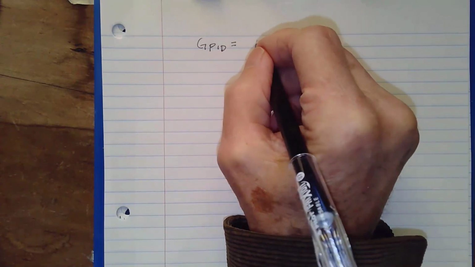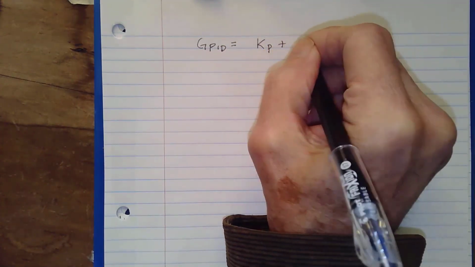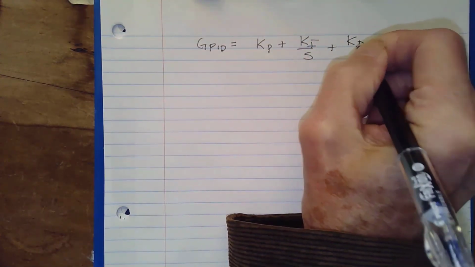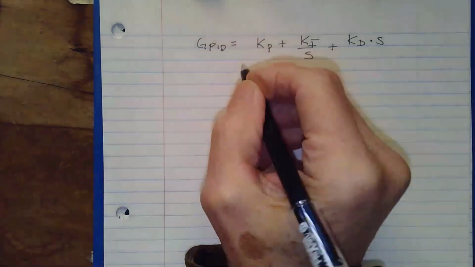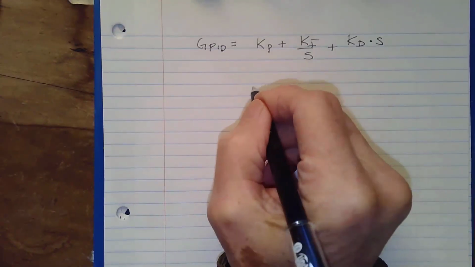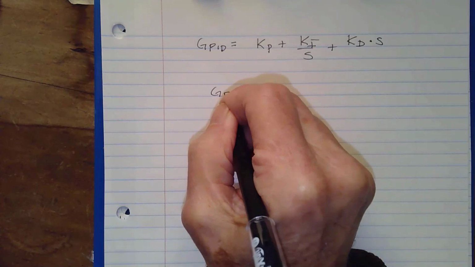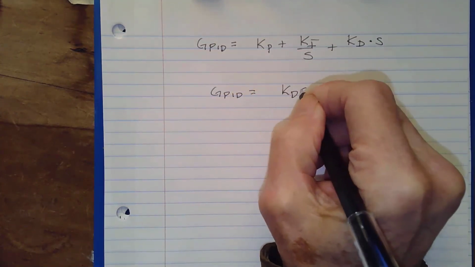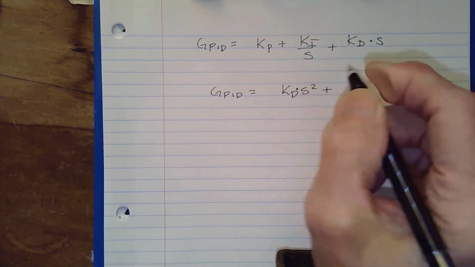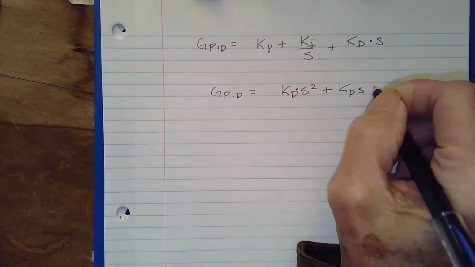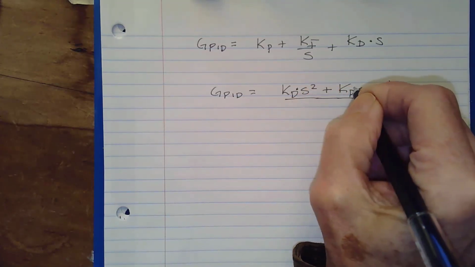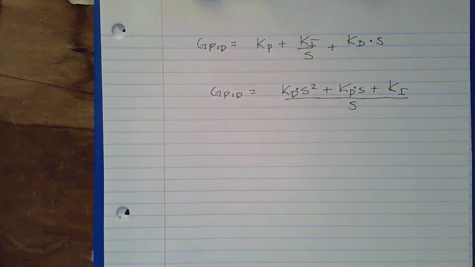What we have is that's going to be K_P plus K_I over S plus K_D times S. And then if we do a little bit of manipulation here, G_PID is equal to (K_D S squared plus K_P S plus K_I) all over S. So we've simply collected them all with one common denominator.